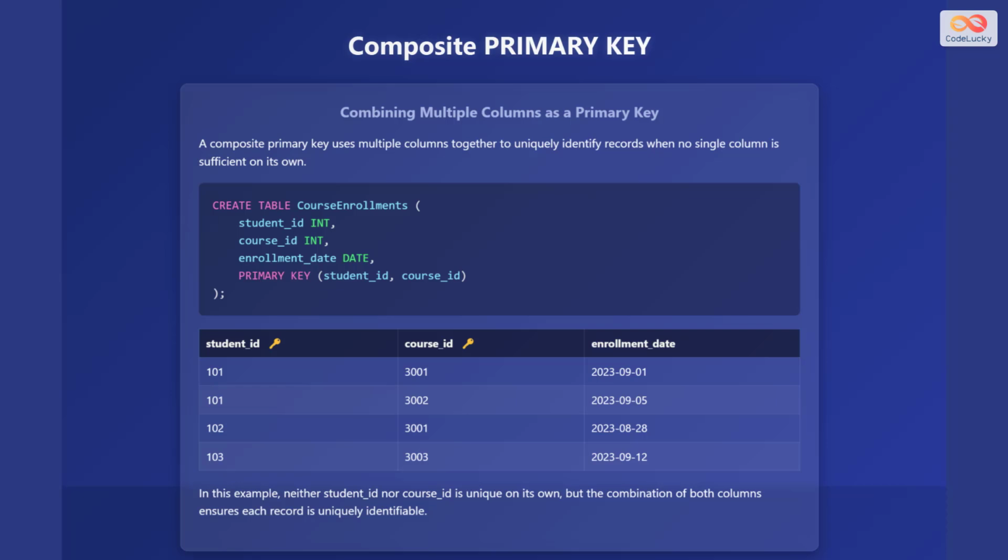CREATE TABLE course_enrollments (student_ID INT, course_ID INT, enrollment_date DATE, PRIMARY KEY (student_ID, course_ID)); In this example, neither student_ID nor course_ID is unique on its own, but the combination of both columns ensures each record is uniquely identifiable. Below is a table preview containing student ID, course ID and enrollment date with some sample data. The student ID and course ID columns have key icons indicating that they are the primary key columns.